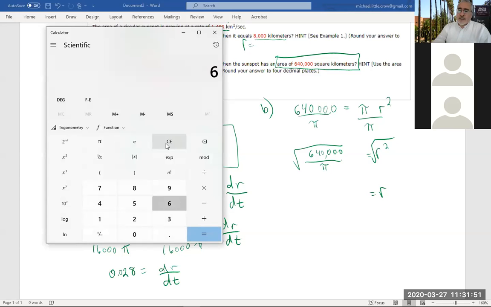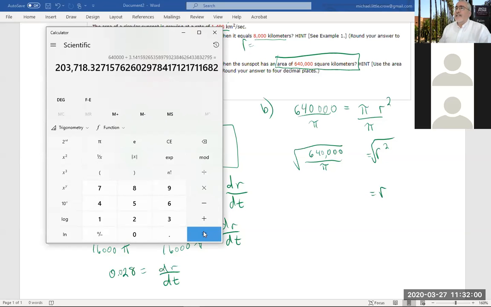So we do 6,400 divided by pi. It's that number. And then we want to take its square root. Now this one doesn't have a square root, so I'm going to use the exponent key and raise it to the half power, or 0.5 power. So I do that, 0.5, as the exponent.